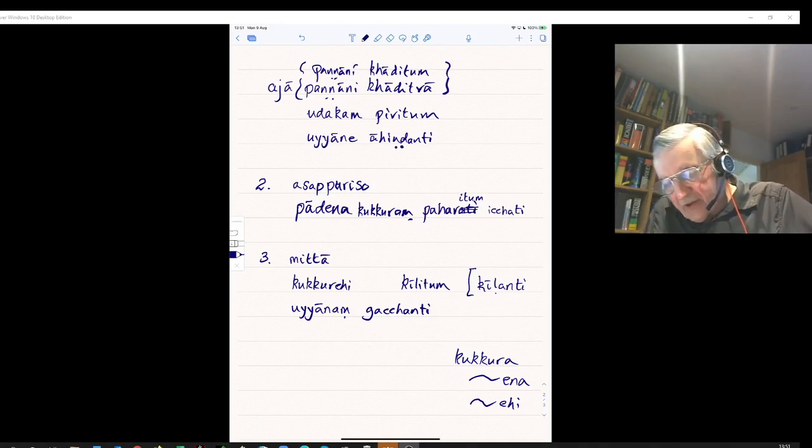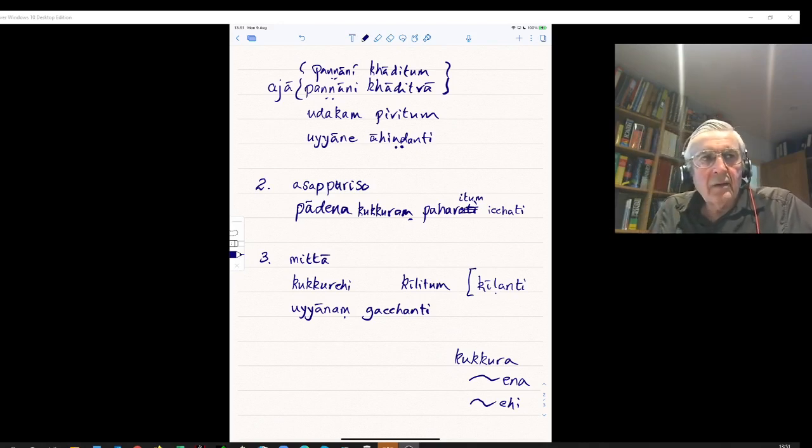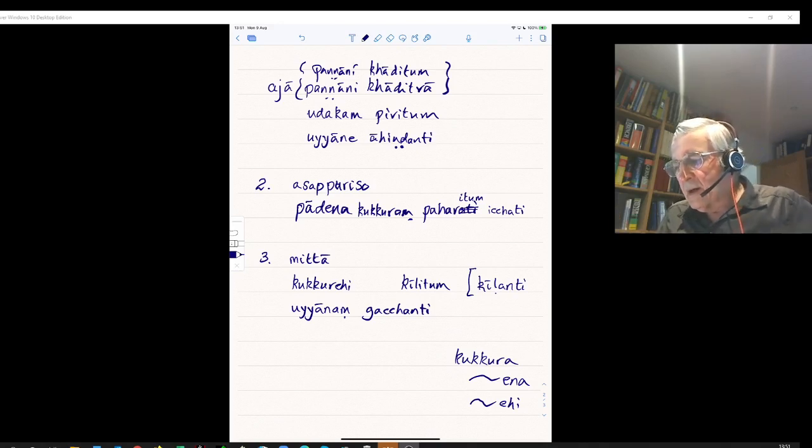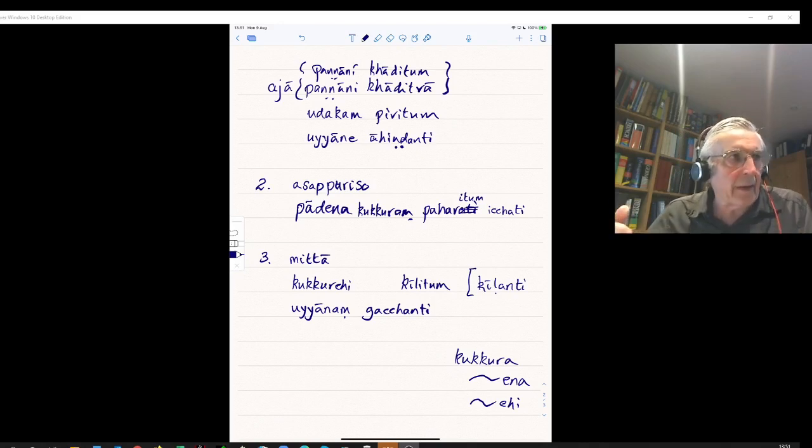I feel happier seeing saha used here because the with, or what we have in English as the with, is more the with of accompanying rather than instrumentality. So, the difference in walking with your friend, accompaniment, and walking with a walking stick, the instrument you use to help you. If you just put kukurehikilitum, that rather suggests that the dogs are the playthings.